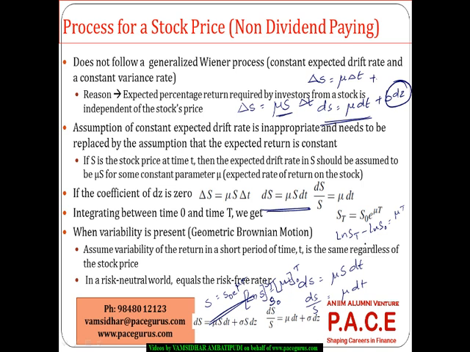So St by S0 is e power mu t, St is S0 times e power mu t.